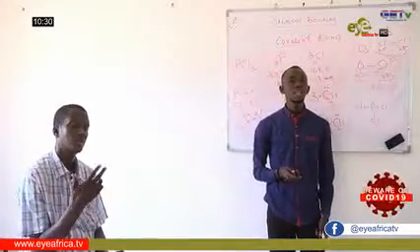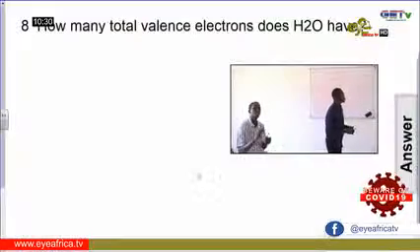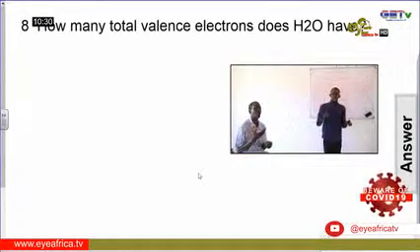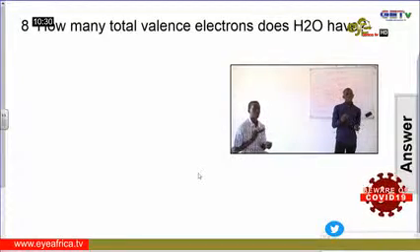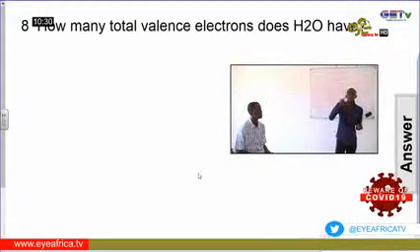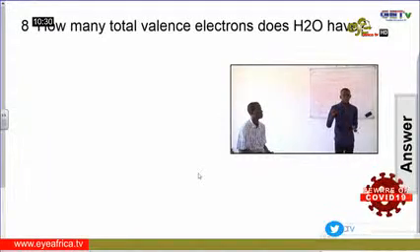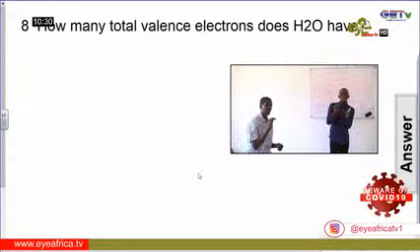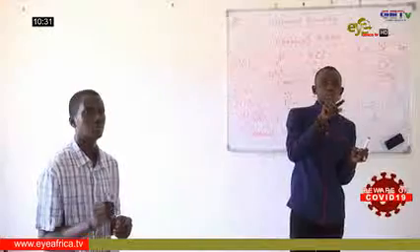How many total valence electrons does water have? Now, if you draw the structure of water, you find out that all the valence electrons after drawing will be in the oxygen atom itself, and therefore the number of electrons in the oxygen atom will be the valence electrons for this water.